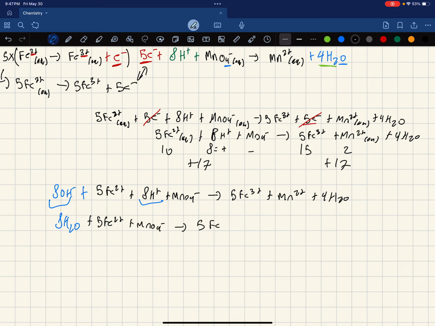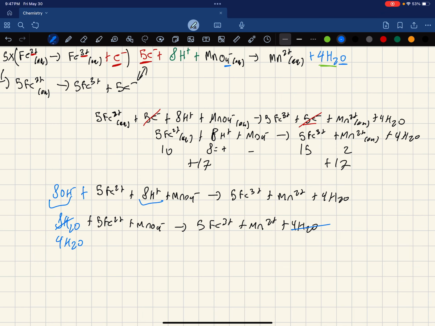This is a grueling process, but it makes it easier to understand and to get the question right, of course. And now you have 8 H2O on one side and 4 on the other, so you can cancel, and this becomes 4 H2O now.